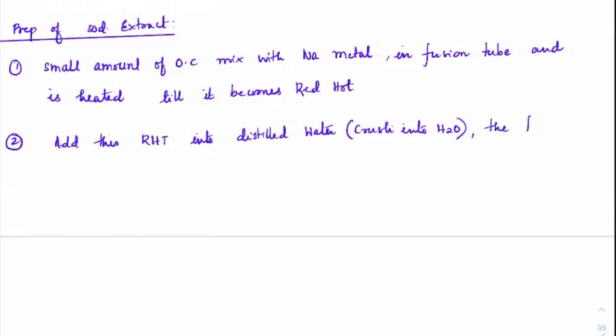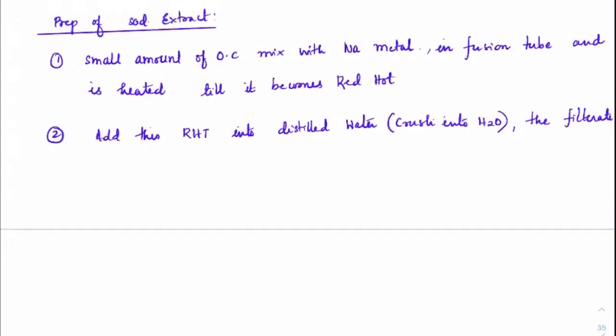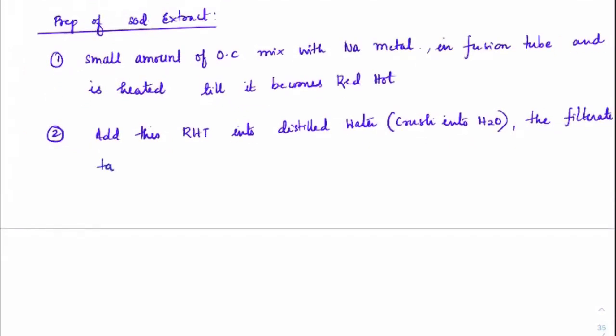The filtrate is taken out, and usually the filtrate would be a clear solution. This clear solution which we extract is what we call sodium extract, or in laboratory terms it is known as SE.